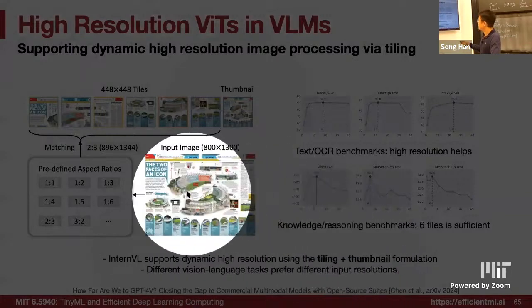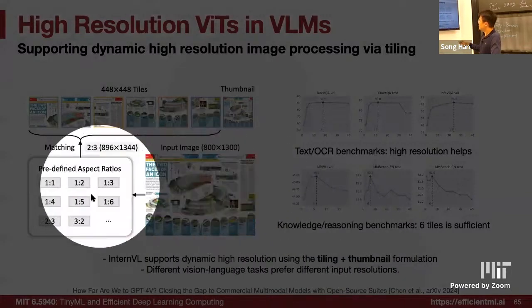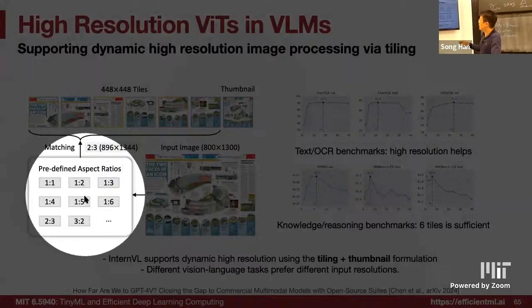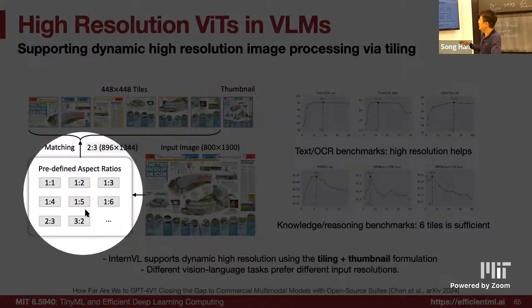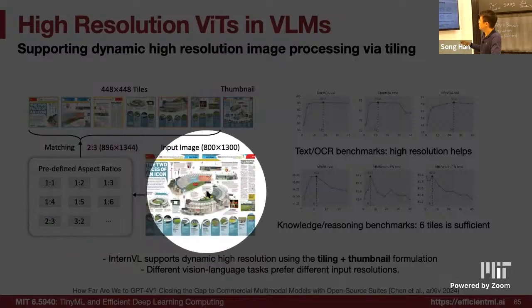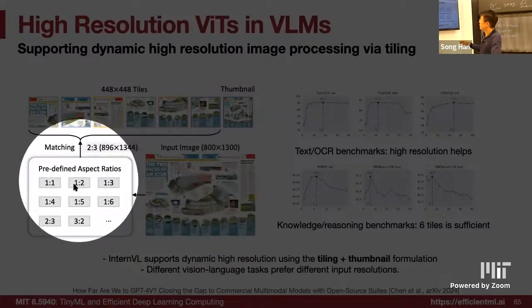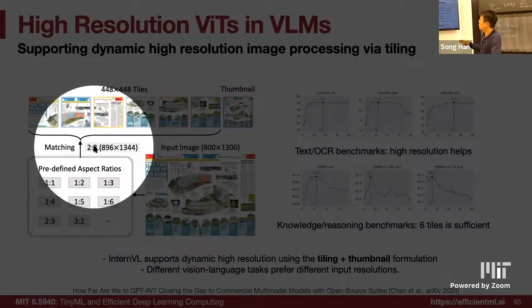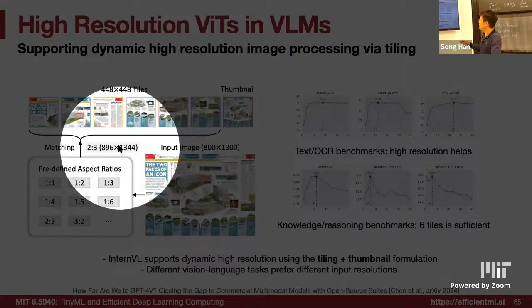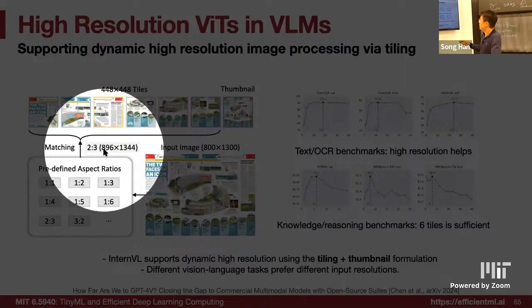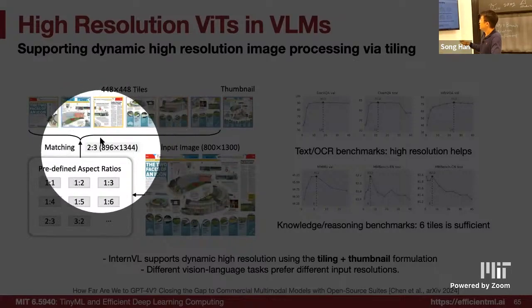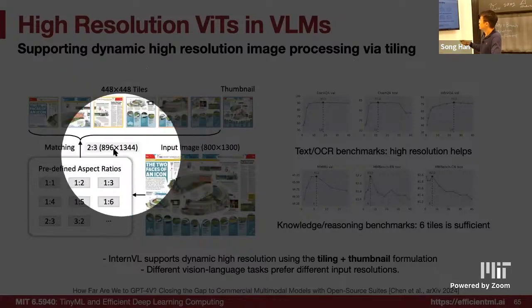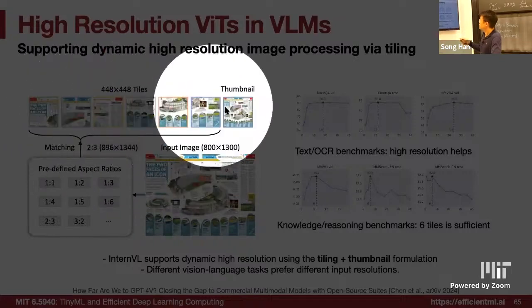The tiling basically says we have several templates with predefined aspect ratios like 1:1, 1:2, 1:3, etc. We try to match the new image with these templates, and we find 2:3 is probably the best match. So we convert it into a 2:3 image, whose closest size would be 896 by 1344, and then we can chop it into 6 different parts.